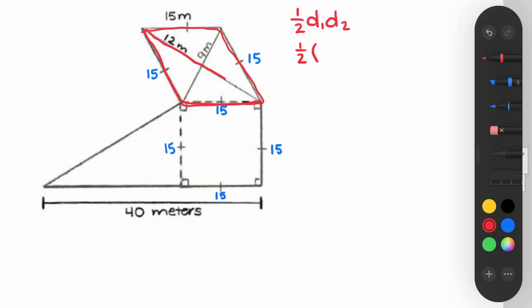And so 12 plus 12 would be 24. 9 plus 9, 18. Great. So we have 216.